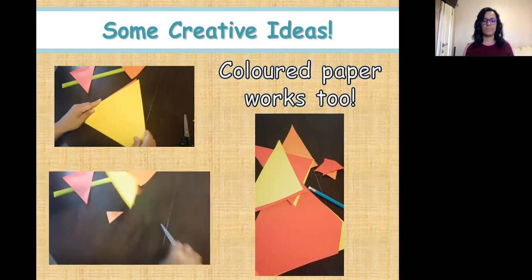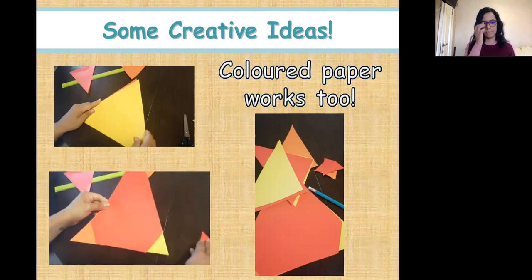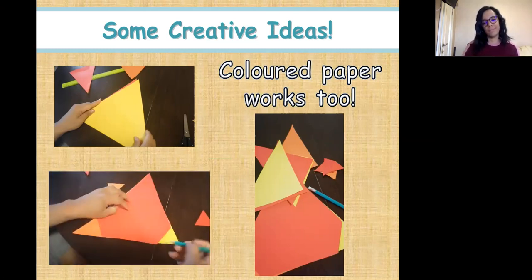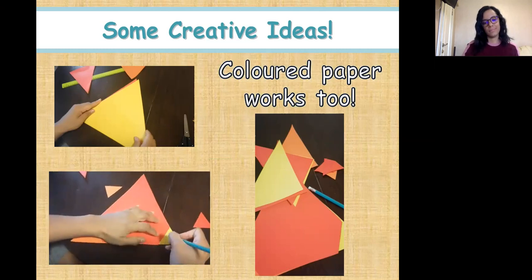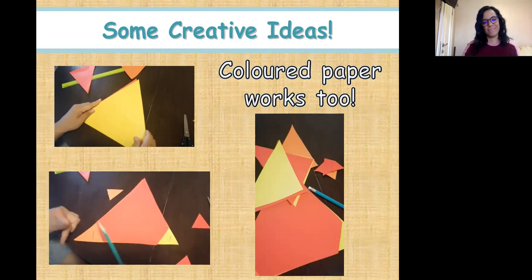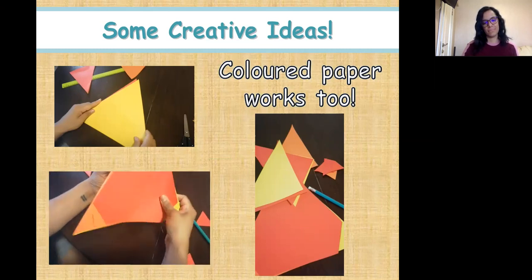There we are. Ooh, okay. So what I can do here is create my fact family using these corners and having this one at the top. So I can put the 7 here and the 9 and then create my fact family. What I can do with these is go ahead and glue them together.